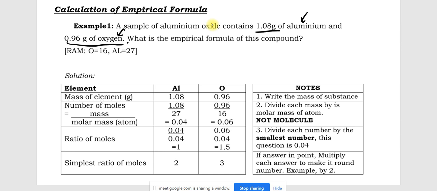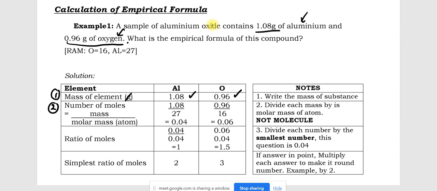First, you need to label the mass of the elements. Just simple. Mass 1.08, 0.96. Then you need to find the mole, so you divide by the RMM. Aluminium RMM is 27, and oxygen is divided by 16.